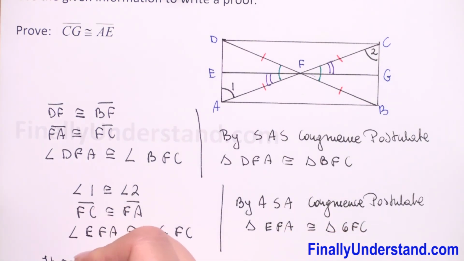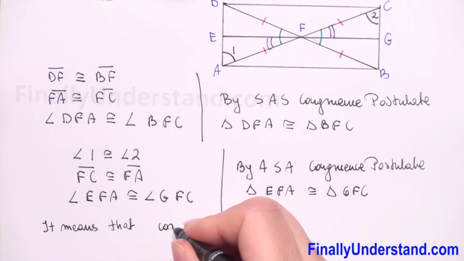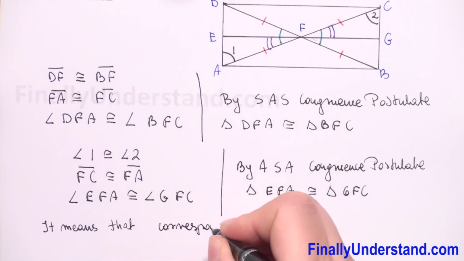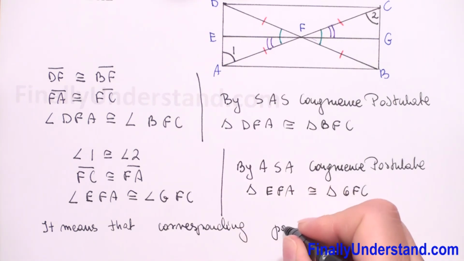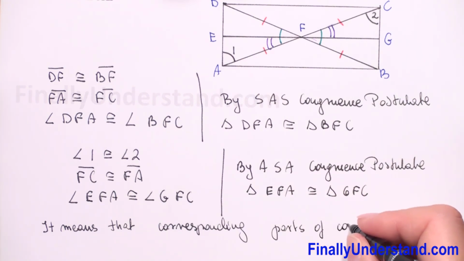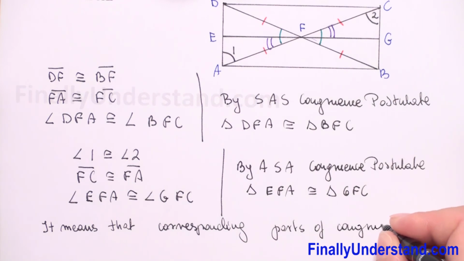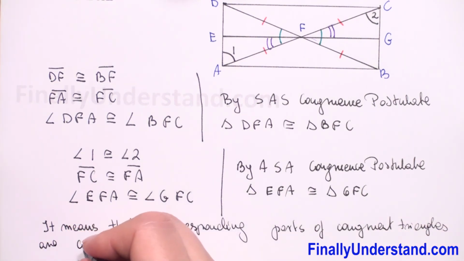It means that corresponding parts of congruent triangles are congruent.